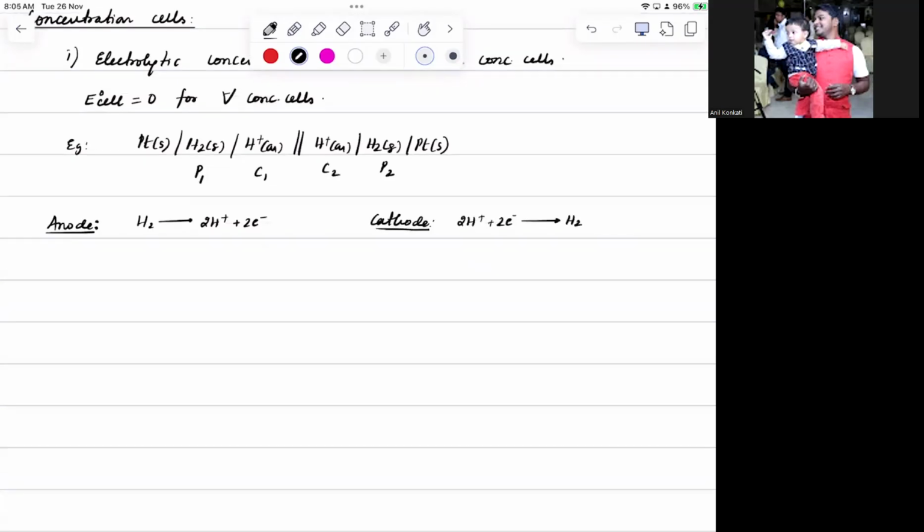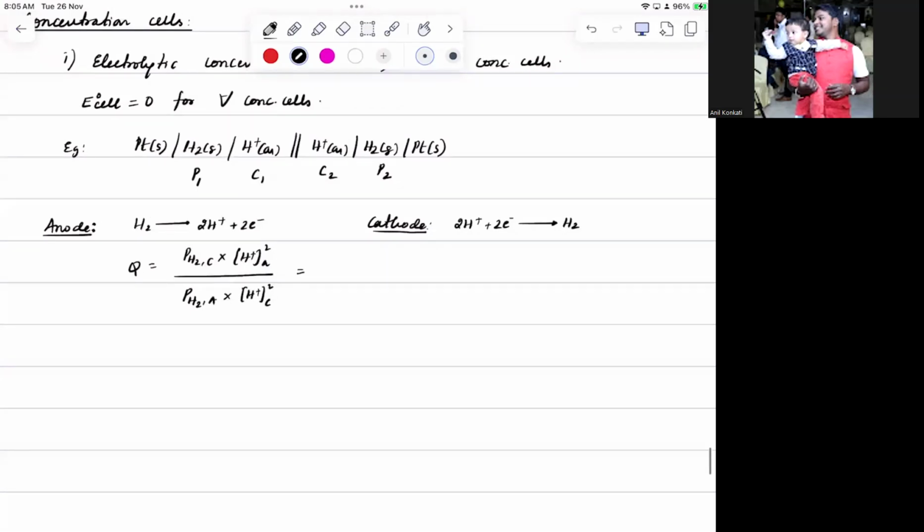If we add both of them, then I get Q. Q is the pressure of H2 at cathode into concentration of H plus square at anode, divided by pressure of H2 at anode into H plus concentration square at cathode.